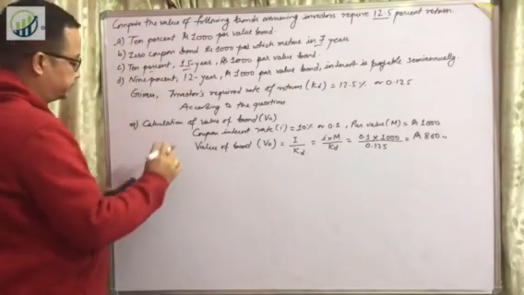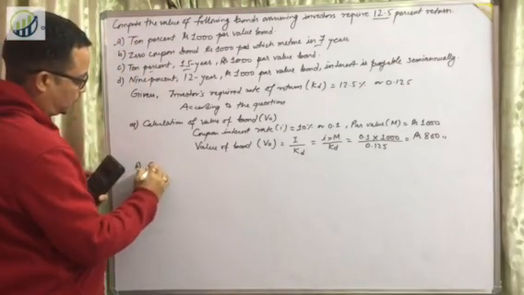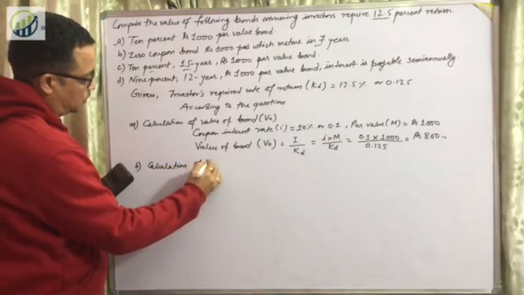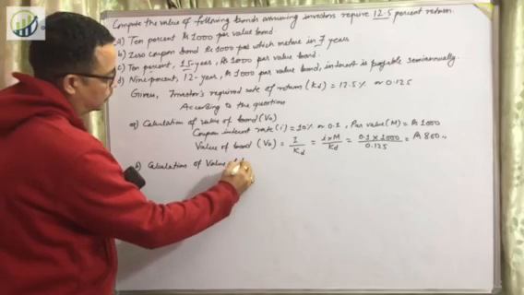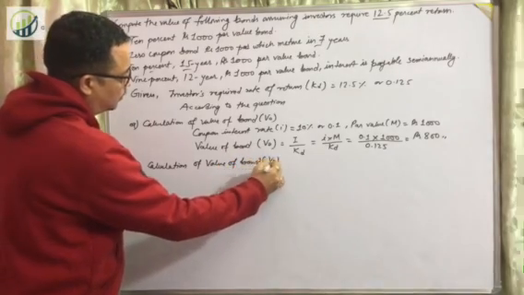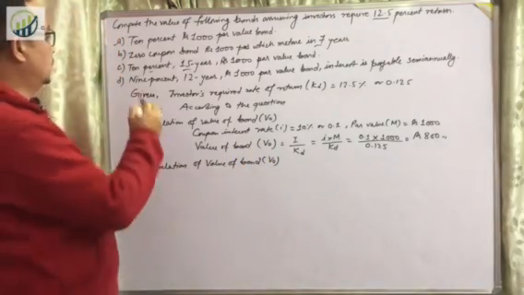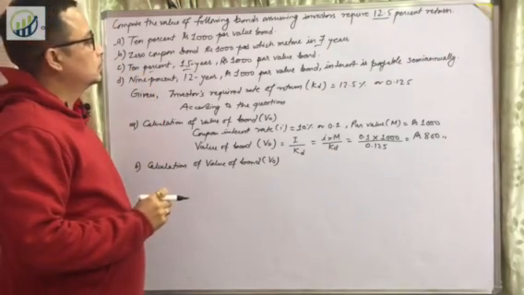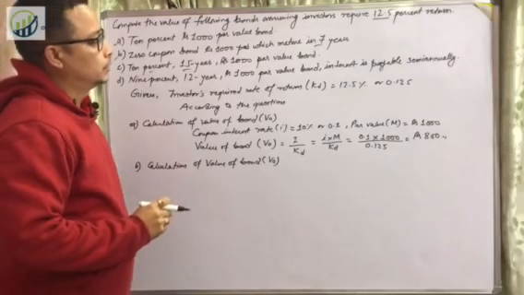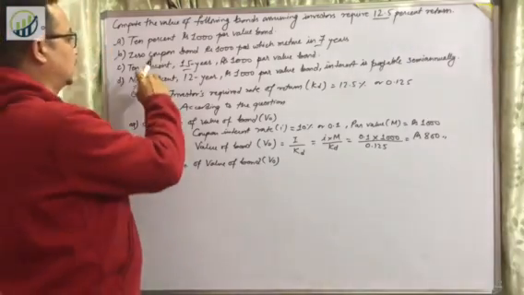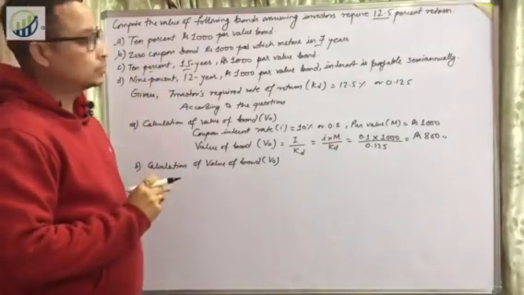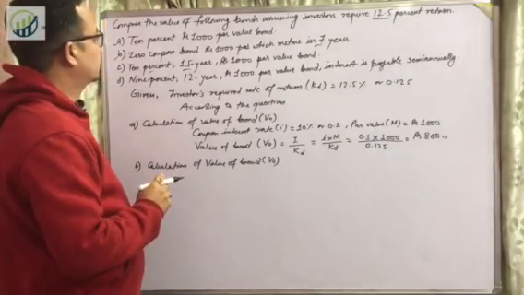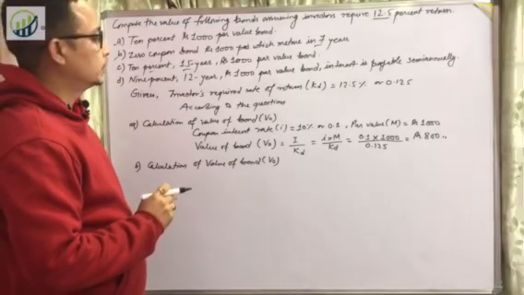Now for B, calculation of value of bond. So in this B here is a zero coupon bond rupees 1000 par value which matures in 7 years. So in this type of bond there is no coupon interest rate. So this is a zero coupon bond which has no interest rate.